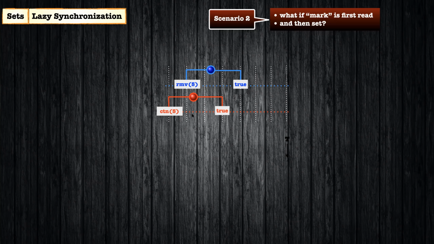On the other hand, if contain starts after blue has terminated, then the algorithm will make contain always return false. So again, we had these two relations between method calls. If you have precedence, that one of them precedes the other, then the result is well defined. If they are concurrent, then you don't know in which order they occur anyway. So this means that you allow both possible outcomes.